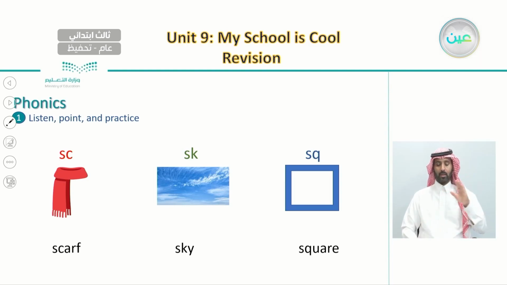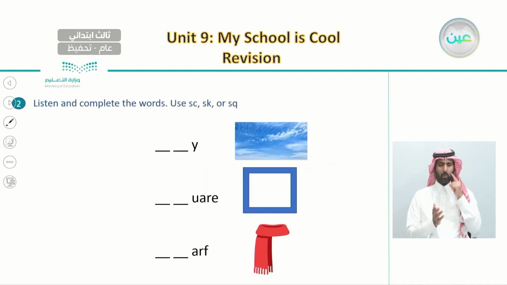With SC we said scarf, with SK we said sky, and with SQ we said square. Not only this, but also last lesson we got to know more words which start with these different sets of letters, SC, SK, and SQ.